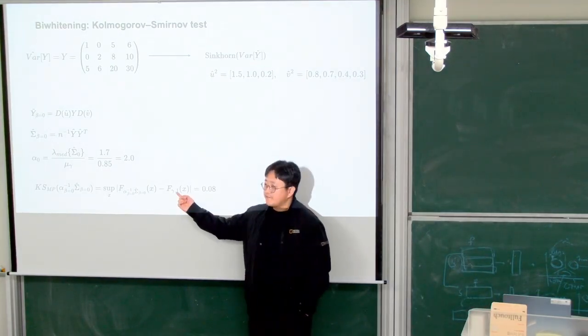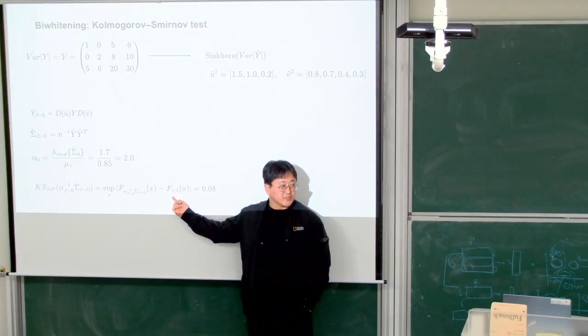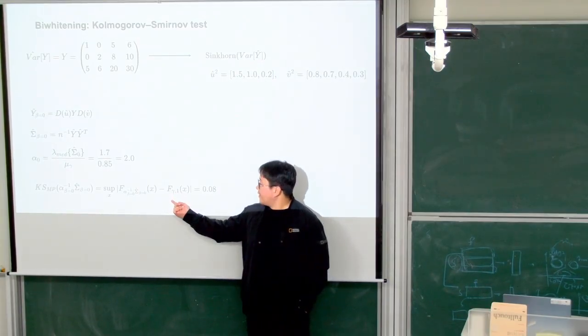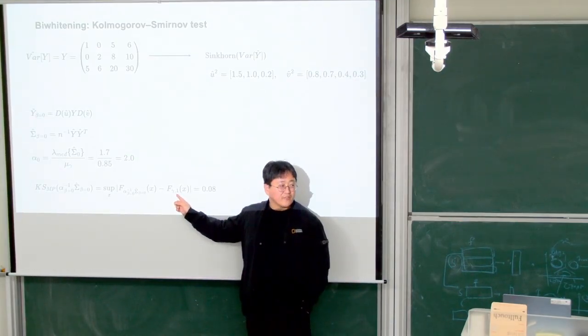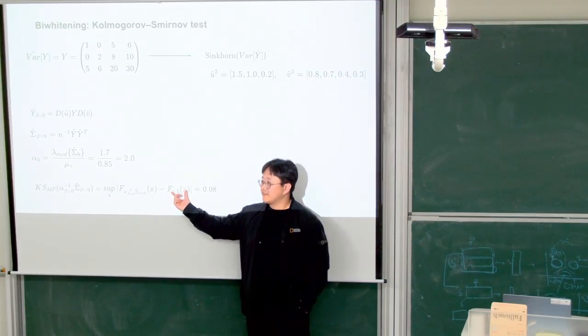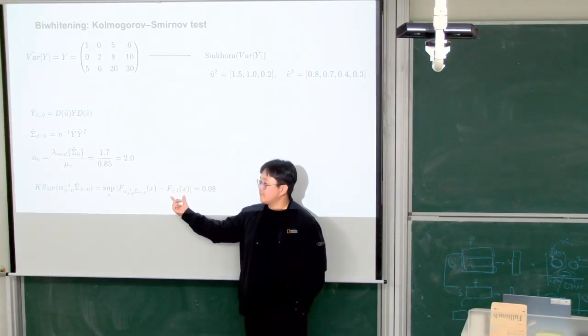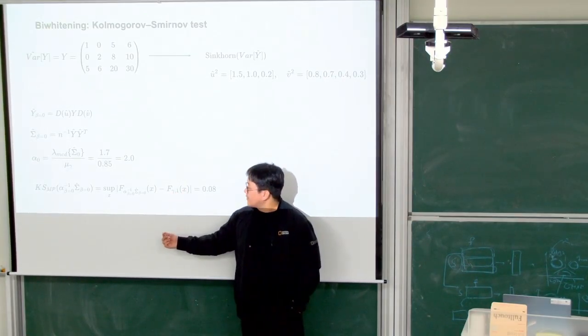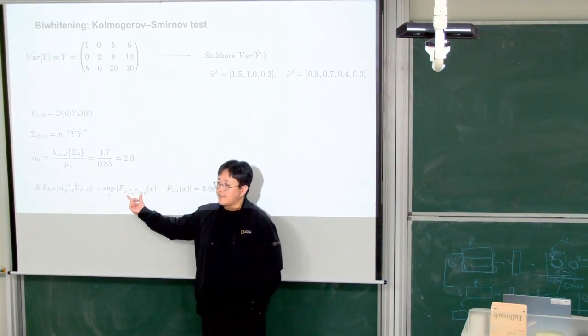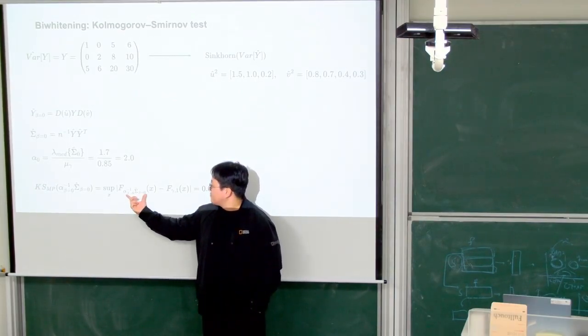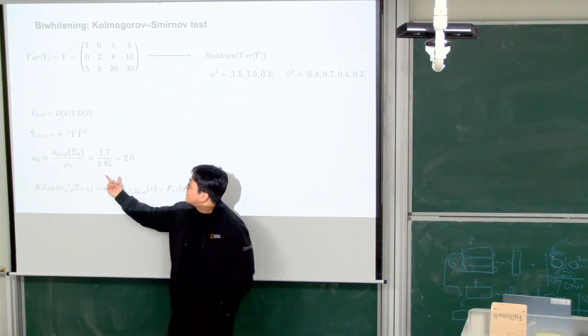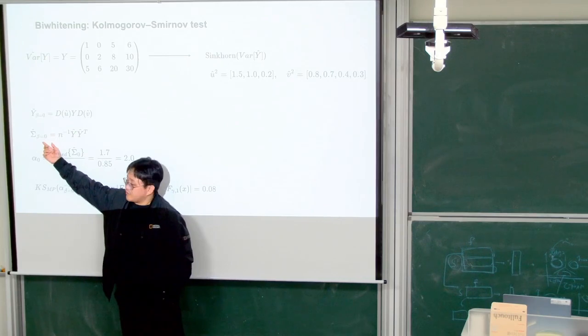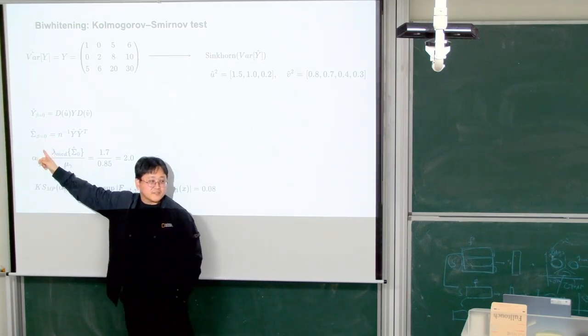This is the CDF of the MP distribution when the data size is gamma and variance is equal to 1. This is the theoretical CDF of the MP distribution, and this is the empirical CDF obtained from the eigenvalues of this covariance matrix.